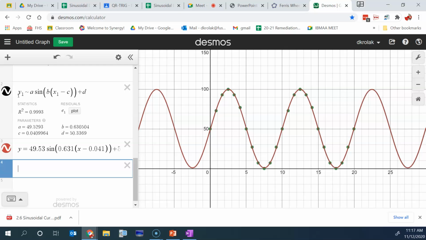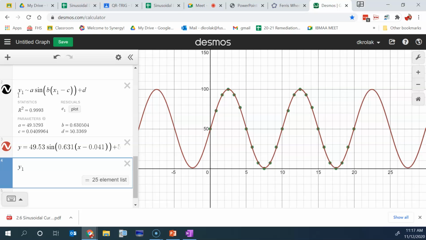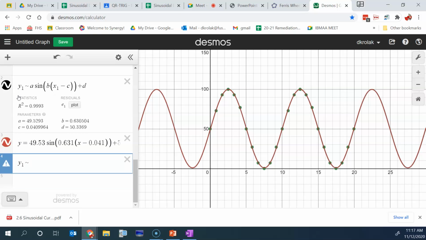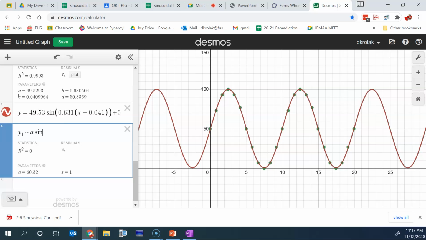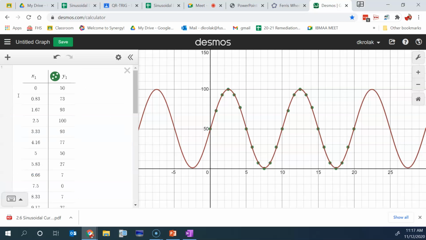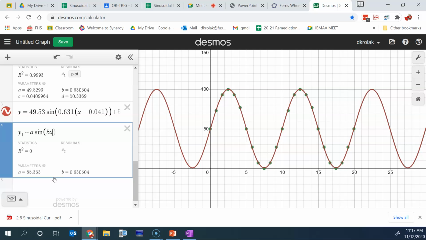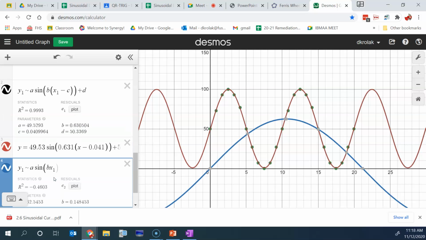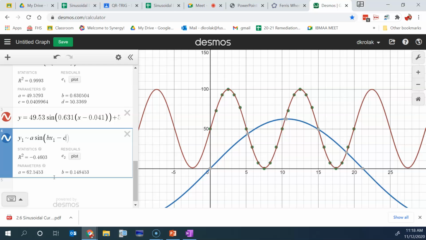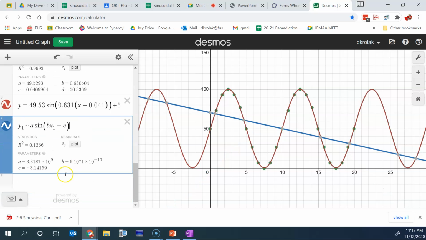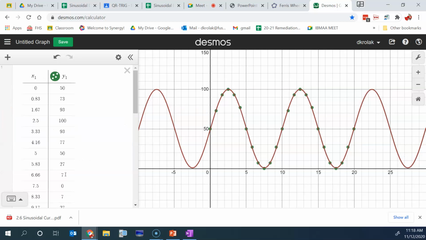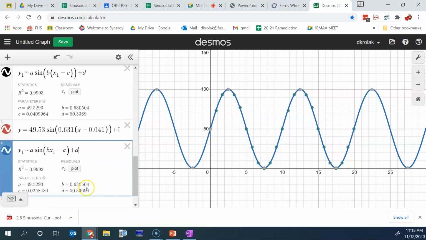So it'll look like this. It'll be Y1, squiggle, A sine, parenthesis, now BX1 minus C plus D. And there it is.